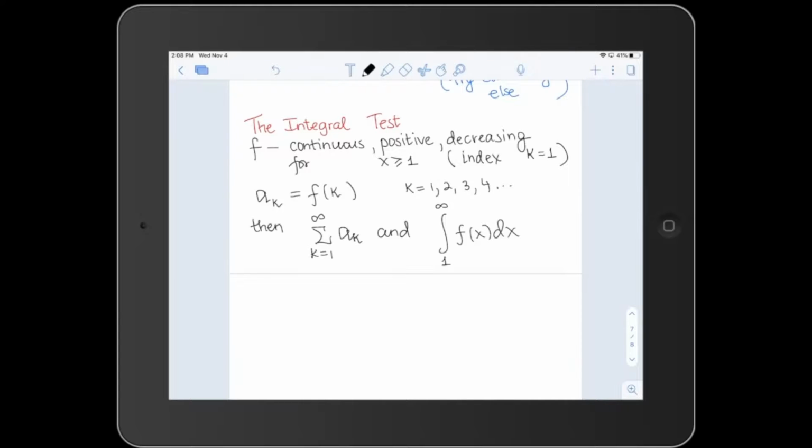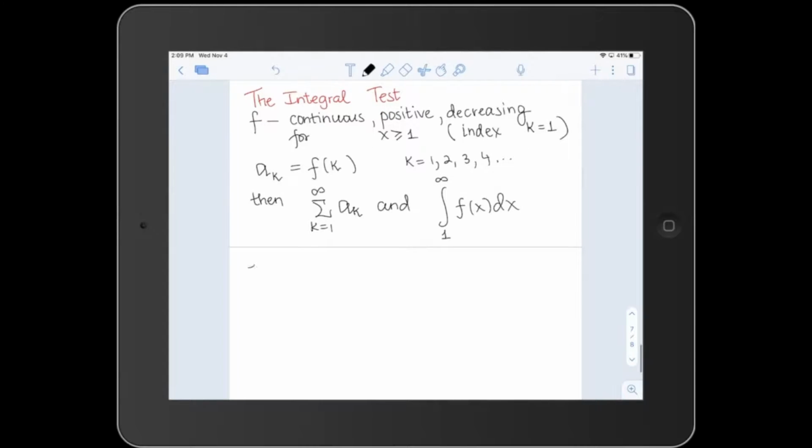Then they either both converge or both diverge. They act exactly the same way. So that is your big statement.